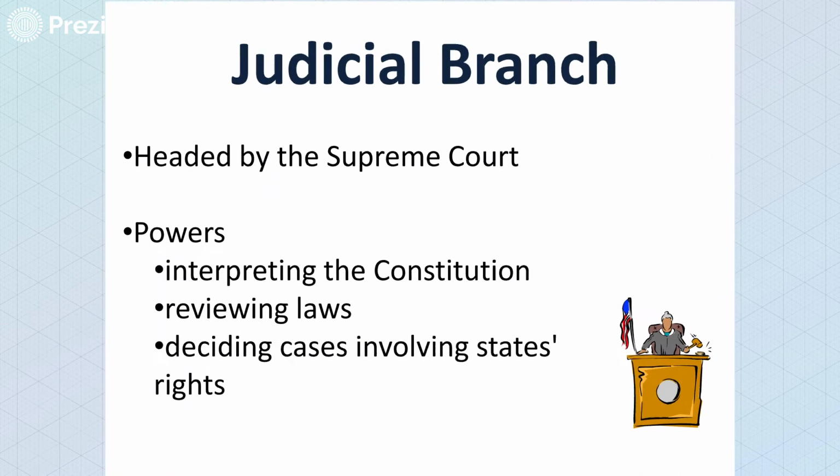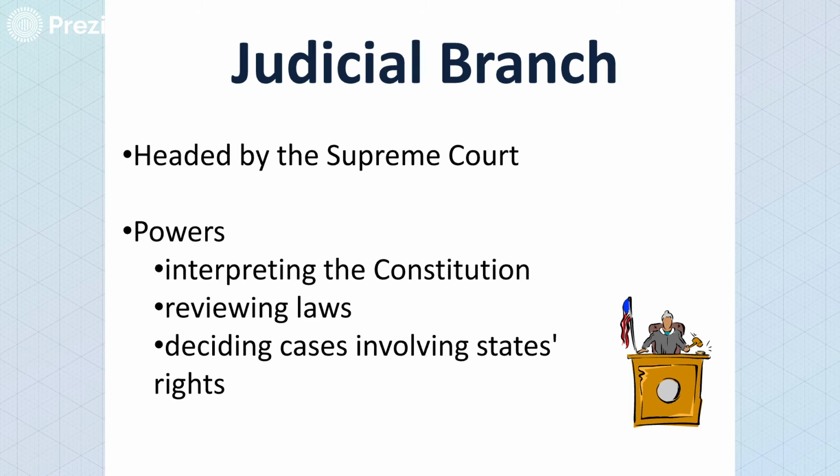And we have the third branch, the judicial branch. This is the courts. These are the judges. It's headed by the Supreme Court, which is the highest court in the land. The courts have the power to interpret the Constitution. They review laws. So when laws are passed by the House of Representatives and the Senate, and if they're approved by the president, they go up for review to make sure that they're constitutional.